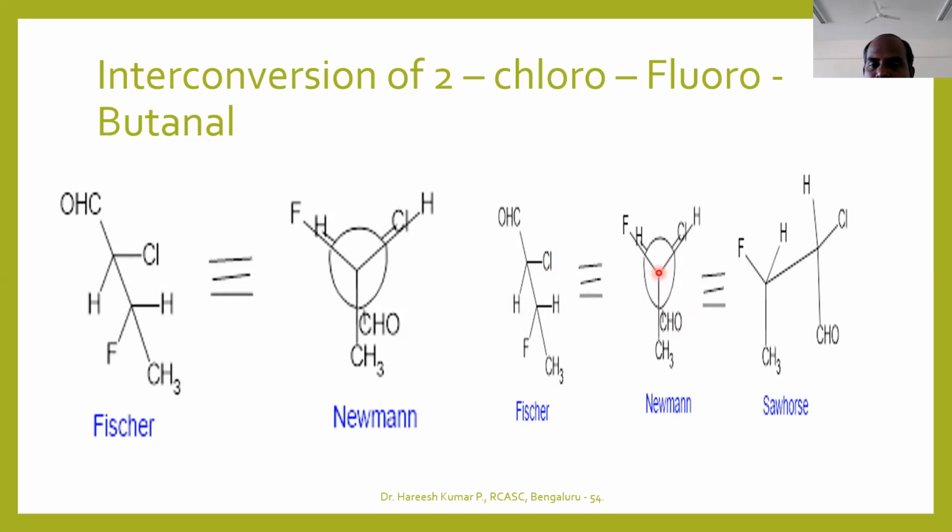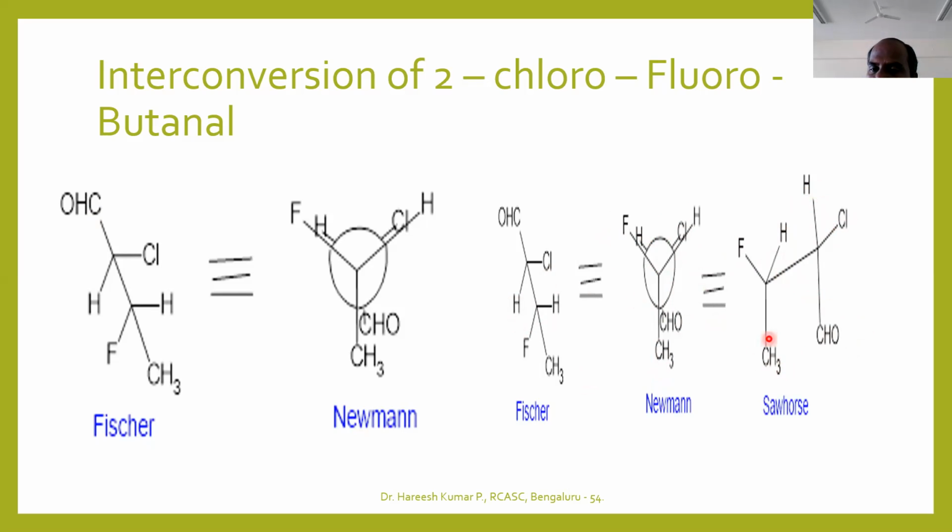It is also possible to convert a Newman projection formula into a Sawhorse projection formula. So in that, what you need to do, CH3 is this and then H is this, the fluorine is this. So similarly, one more, the back carbon, meaning the circle one, how you can convert: CHO is this, chlorine is this, and then hydrogen is this.